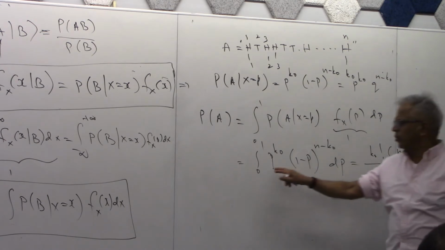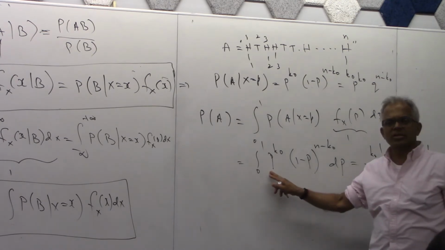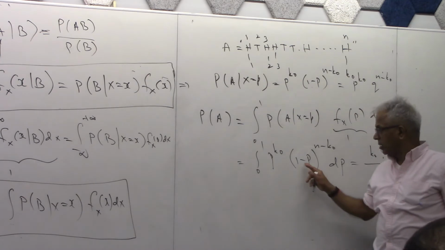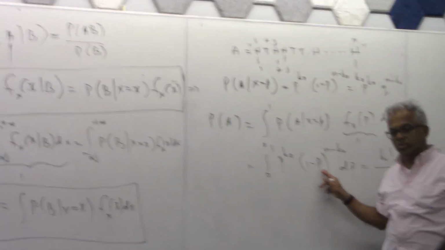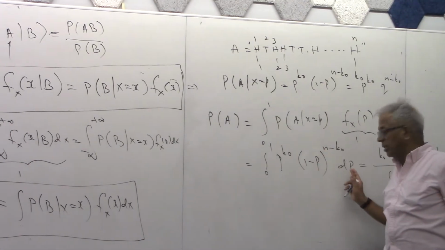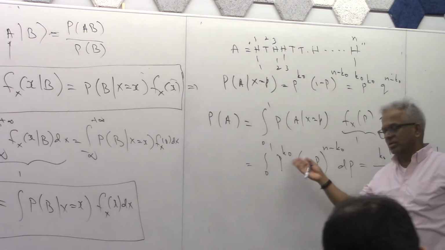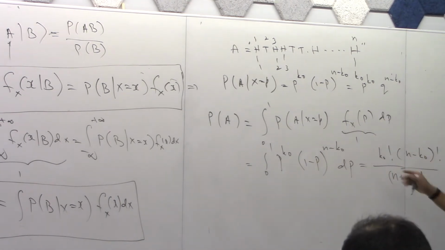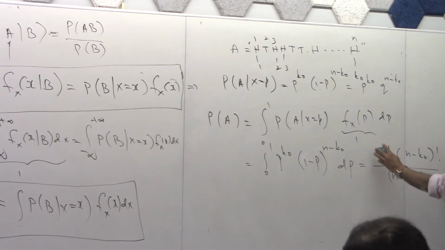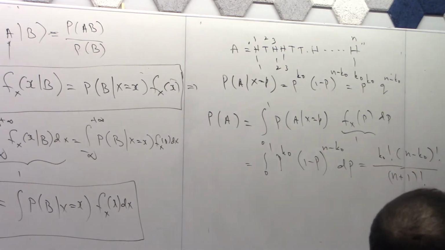Or you can directly do it. Substitute p equal to sine squared theta. So this will be 1 minus sine squared theta, cos squared theta to the power. dp will be 2 sine theta cos theta, and just look up tables. You'll get this value. You need to compute this, make sure you understand this.